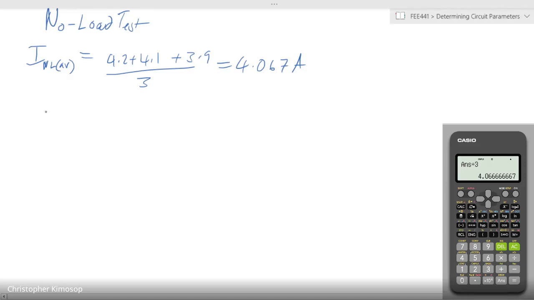What does that tell us? Our impedance at no load is given by our phase voltage divided by the no-load current. Now, phase voltage is not given.